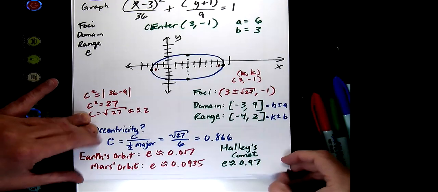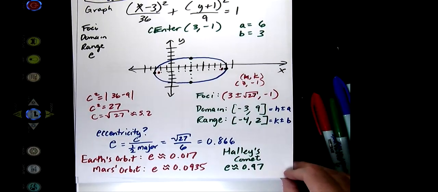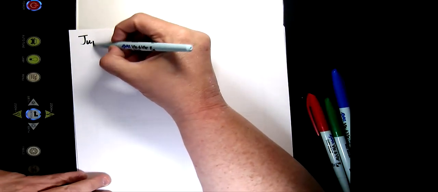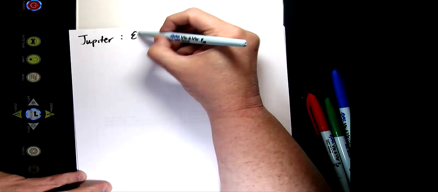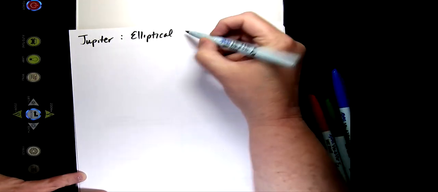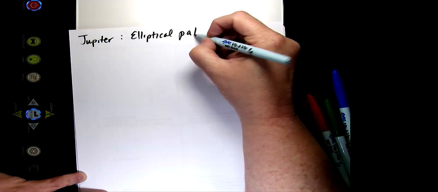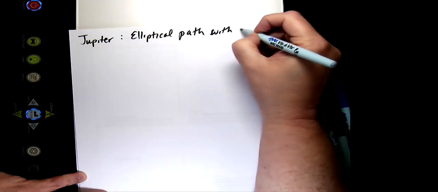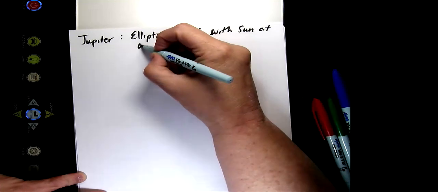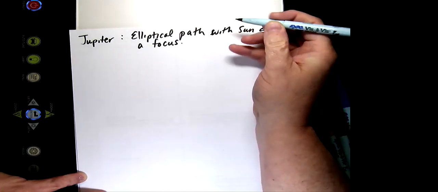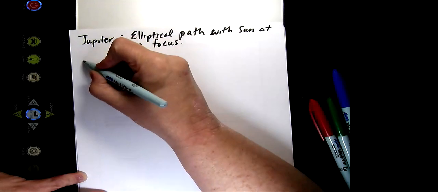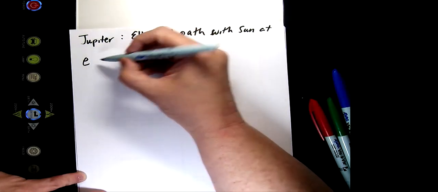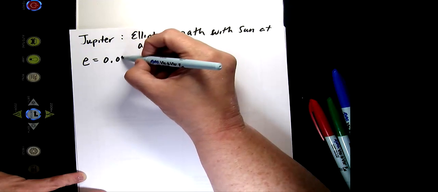All right, so let's do one that is a planet I didn't mention. Let's take a look at Jupiter's. Jupiter, like Earth, has an elliptical path with the sun at one focus. The eccentricity of Jupiter is 0.0489.